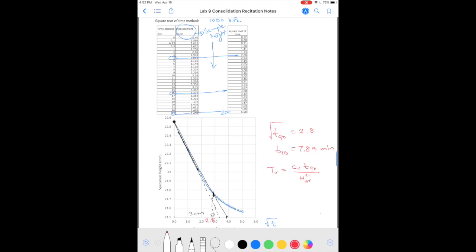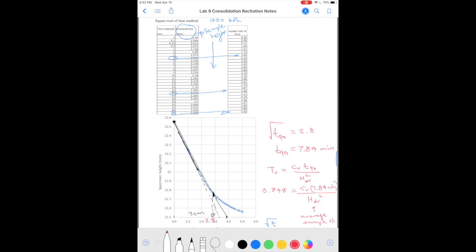So TV for 90% consolidation is 0.848. CV we want to find out. T90 in this case is 7.84 minutes. And then HDR is the average sample height. Okay. So this is average sample height.